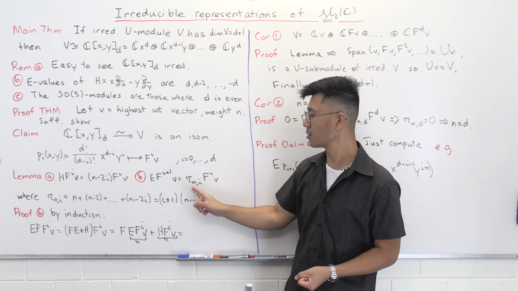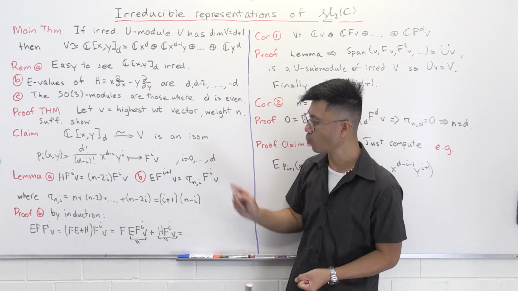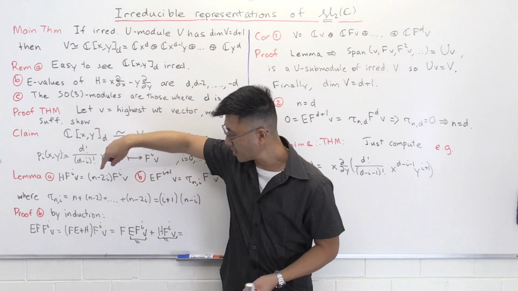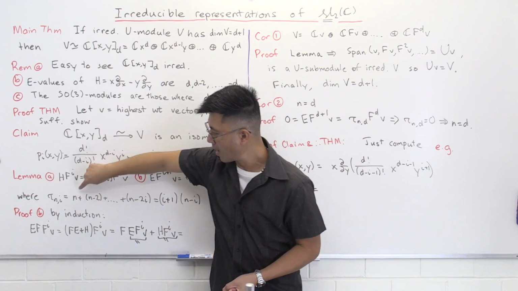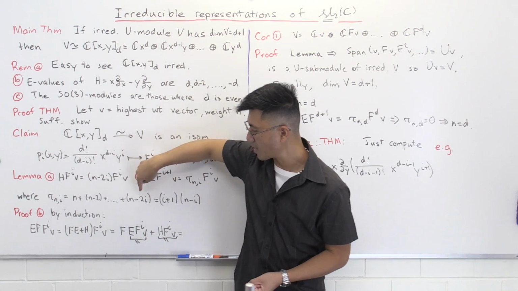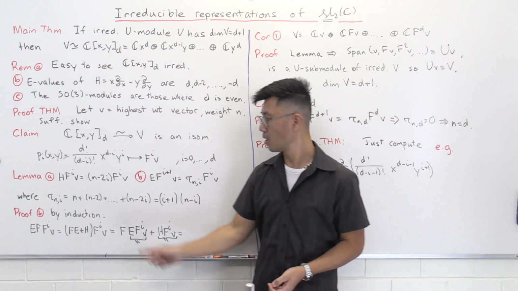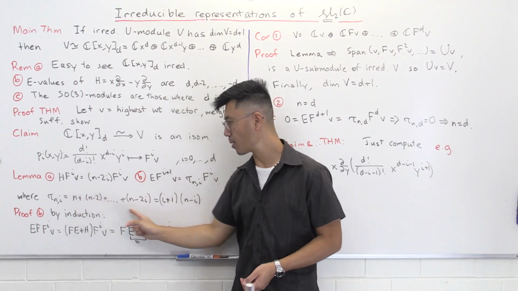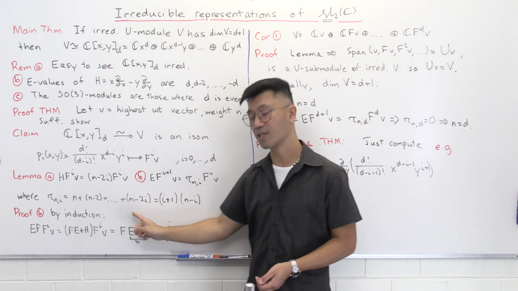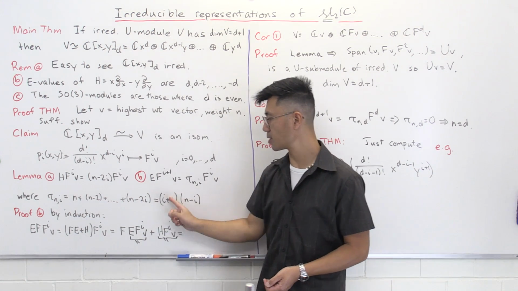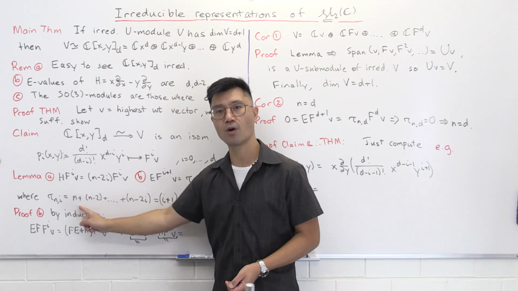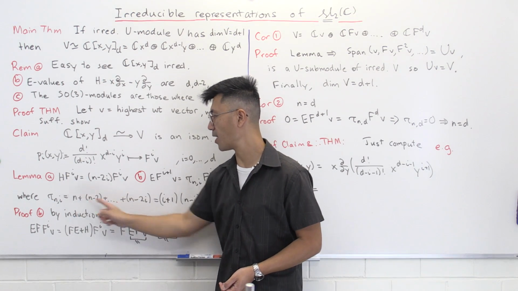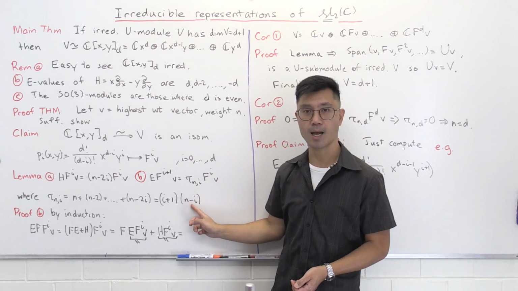And this scalar tau subscript n comma i is basically the sum of this arithmetic progression, n plus n minus 2, plus all the way down to n minus 2i. It's a sum of an arithmetic progression, so if you want, you can sum this. There are i plus 1 terms, so it's i plus 1 times the average of the first and the last term. The average of the first and the last terms is just n minus i.